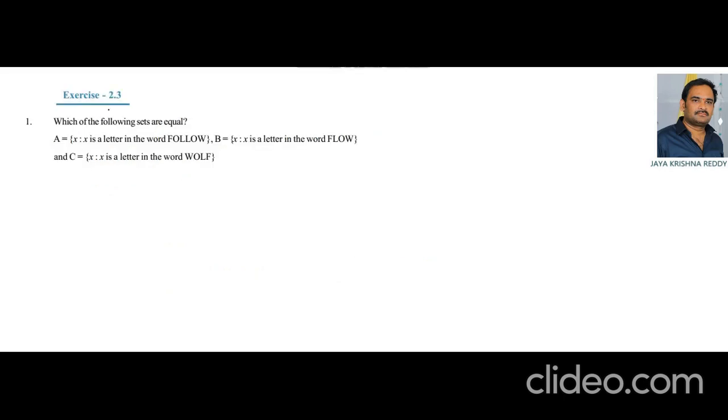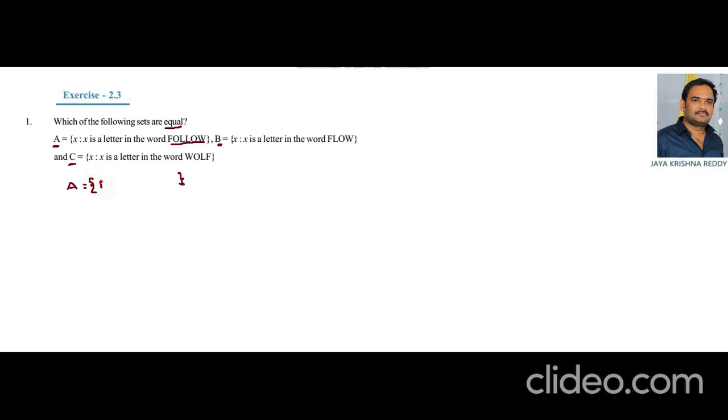Let us solve the questions from exercise 2.3. The first question is, which of the following sets are equal? Here three sets are given, set A and set B and set C, but the given sets are in set builder form. To check whether the sets are equal or not, first you have to write them in roster form. Suppose set A equals to, what is given here, letters in the word follow.